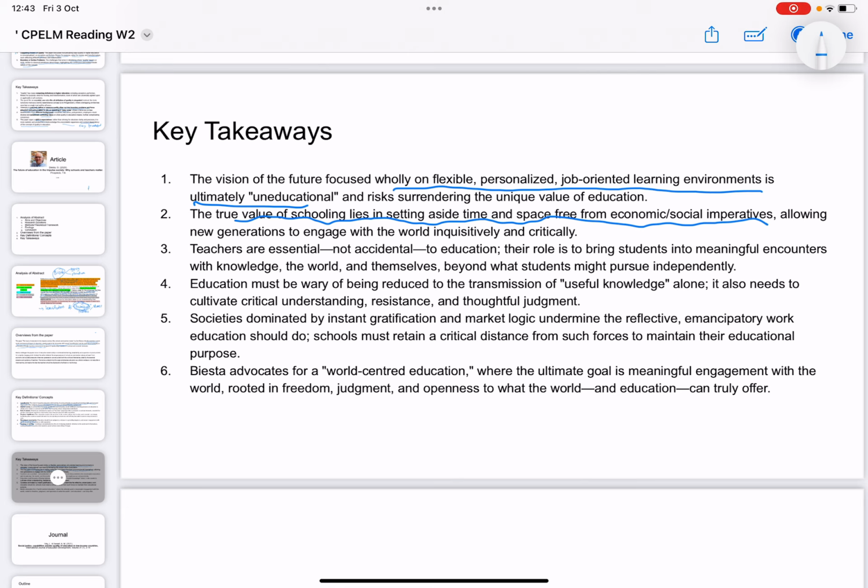So what is the role of education in your society? I think this is something we all can think about. Ultimately, of course, this is all really idealistic thinking. We want the new generation to engage with the world in a more critical way. But can they, if even their basic needs are not being taken care of?